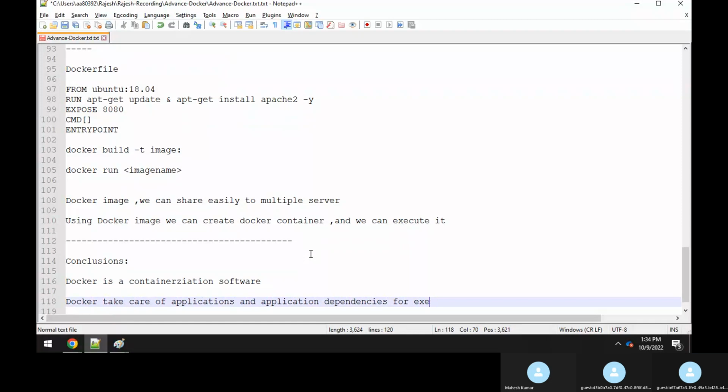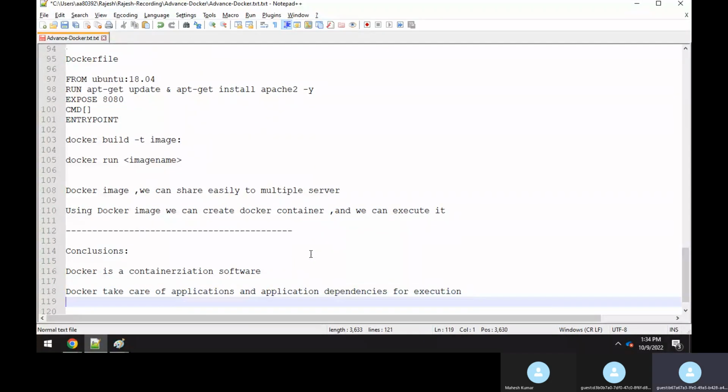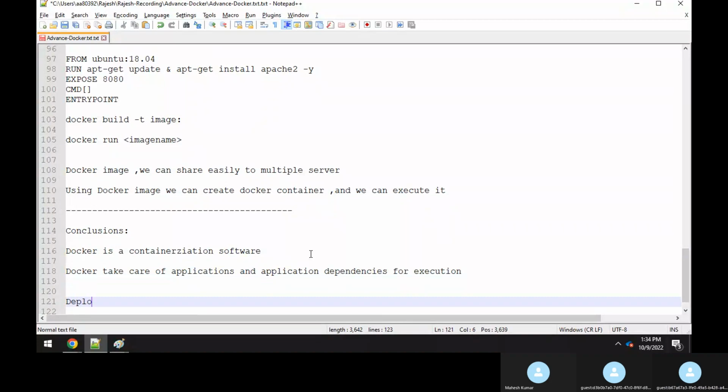This is what we finally have to conclude. And what else? Deployment in multiple environments becomes very easy if we are using Docker. Right, guys?